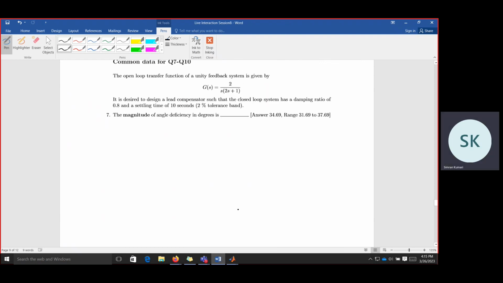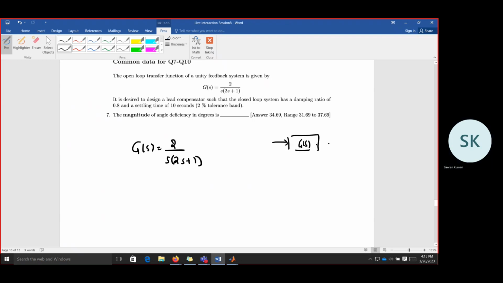Okay, so we'll proceed to the next question. The open loop transfer function of a unity feedback system is this one: G(s) = 2 / (s(2s + 1)), and we have the system with G(s) in unity feedback.